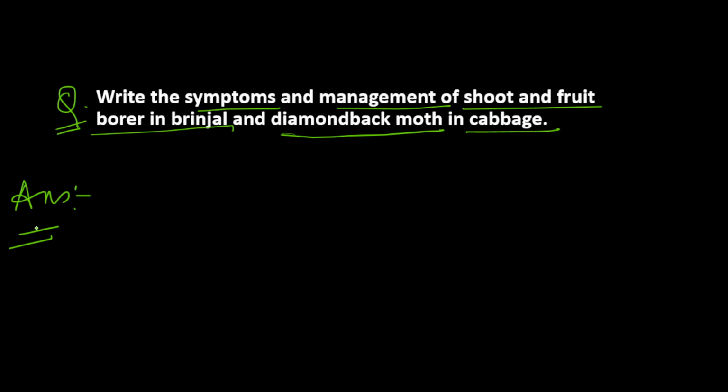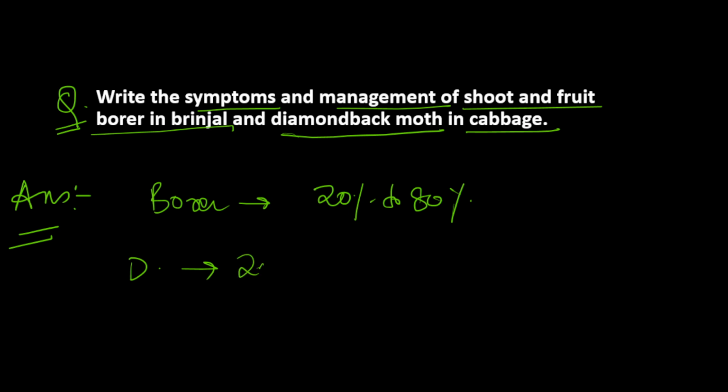In the introduction part, you can mention how these two lead to yield losses. For example, you can write that borer in brinjal can lead to yield losses of 20% to 80%, whereas diamondback moth in cabbage can also lead to huge yield losses, around 10% to 50%.